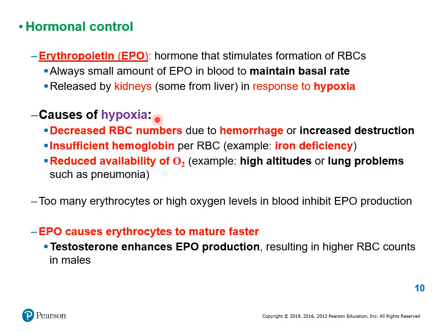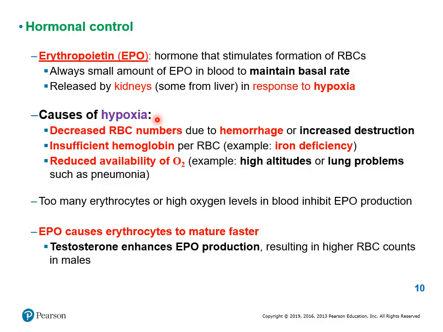They dump it in the blood, and the blood is going to travel all over the body and reach the red bone marrow. That's why it's called a hormone. It travels through the blood, right? It reaches the red bone marrow, and it will give a signal for the stem cells to differentiate into red blood cells.